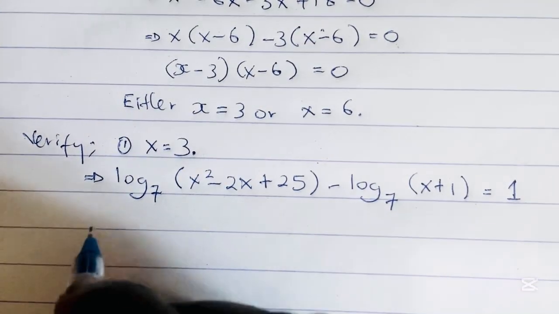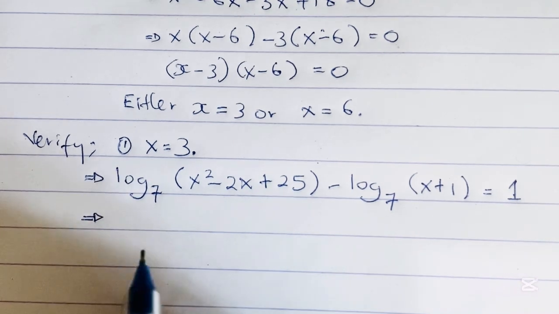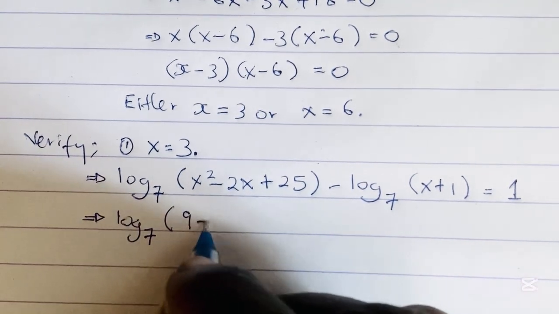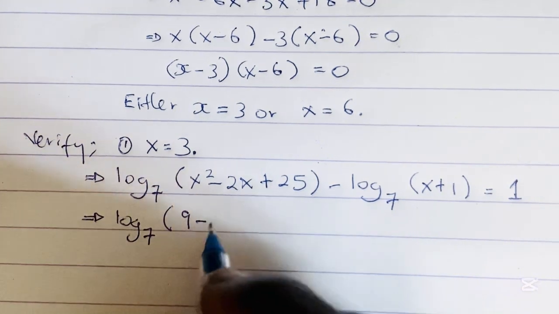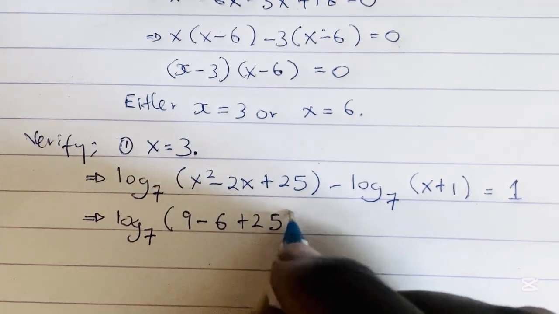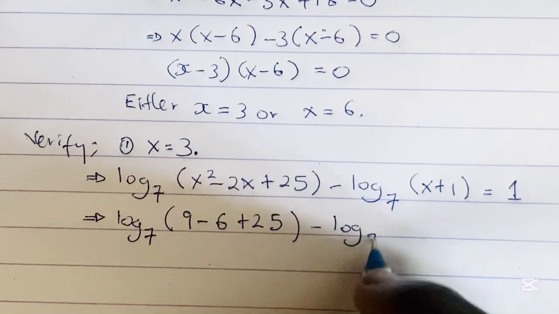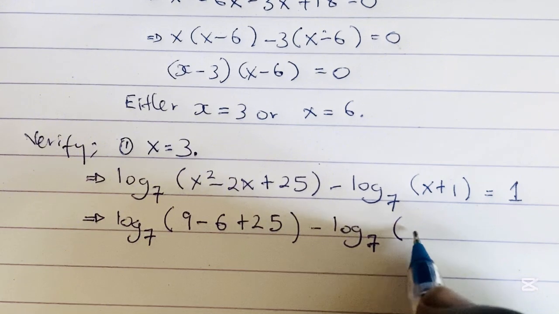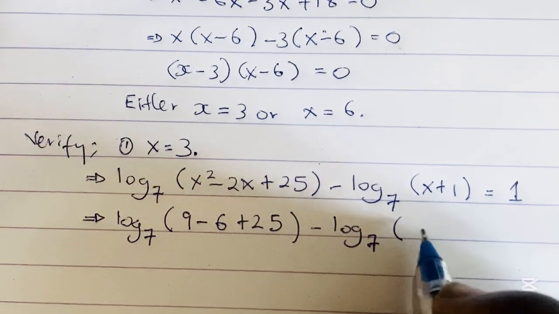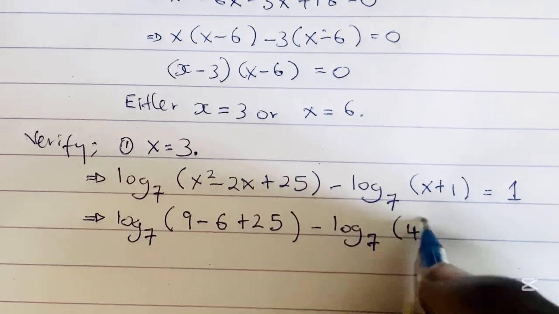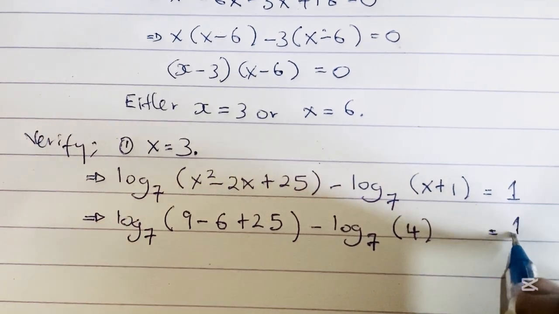So for x is equal to 3, we shall have log 7 of (9 minus 6 plus 25) minus log 7 of (3 plus 1 is 4) is equal to 1.